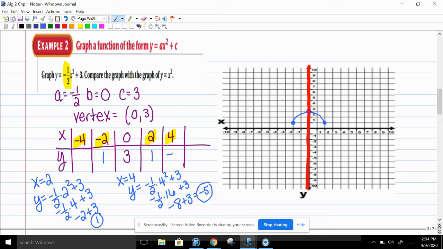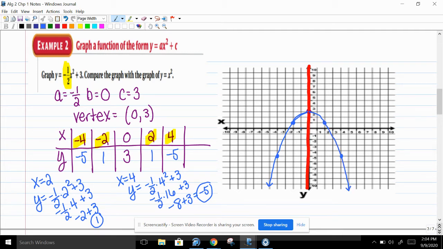So 4 comma negative 5, which means also negative 4 comma negative 5 is on my graph. 1, 2, 3, 4, 5. And then negative 4, 1, 2, 3, 4, 5 is also on my graph. Okay, and you see the parabola is going to continue going down this way.